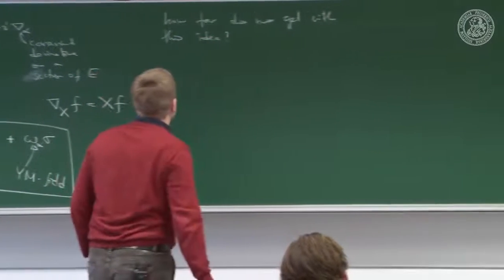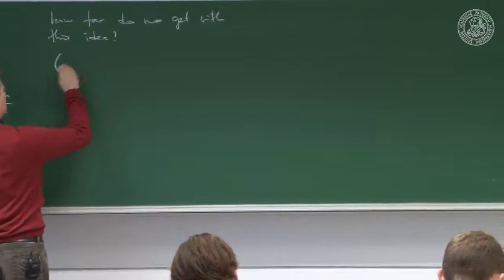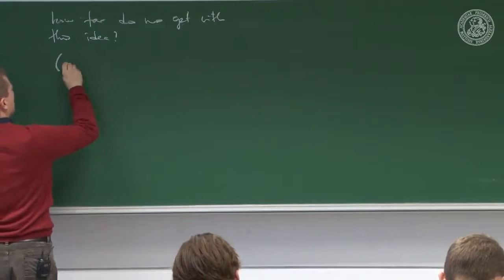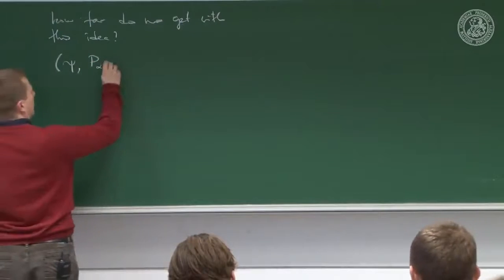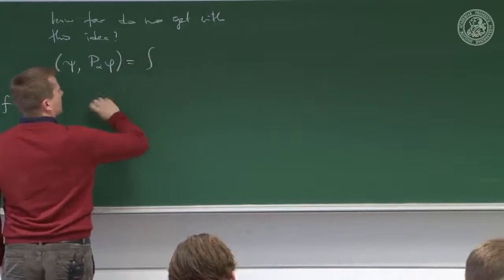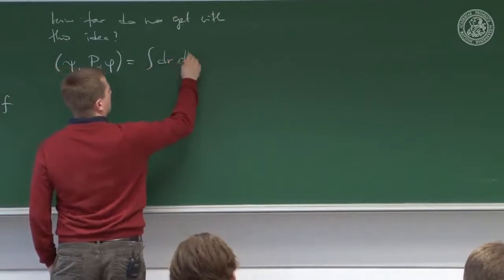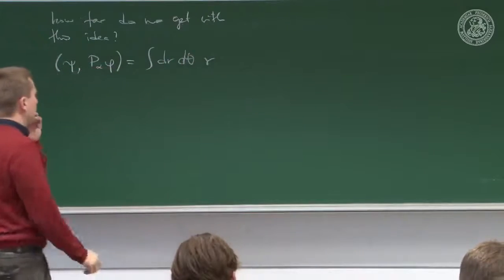Well, let's try. So we take both: psi, comma, P alpha acting on phi, equals the integral dr d theta r. That was our volume form.